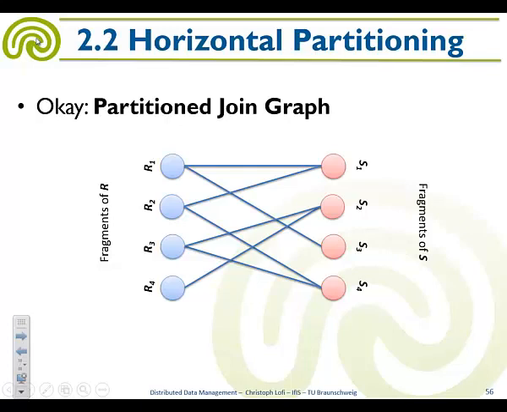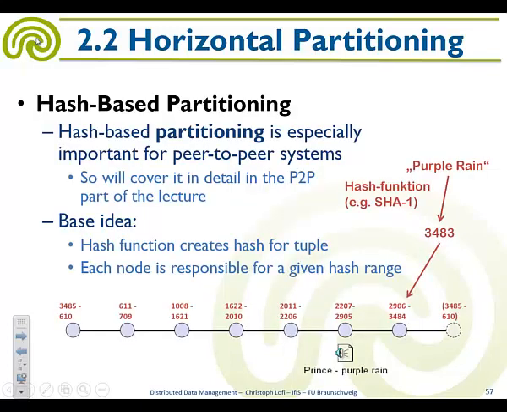For example, it's enough to join R1 with S3 and R1 with S1, and that usually will do for most queries. That's okay. Then you need a minimal amount of query shipping. Good. But let's have a closer look at certain techniques for doing partitioning.